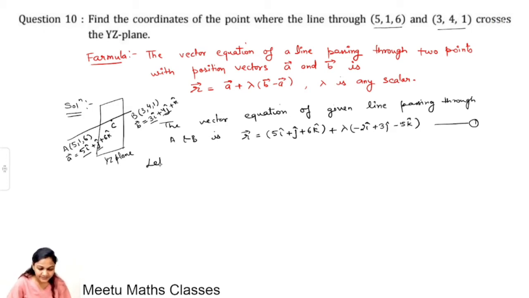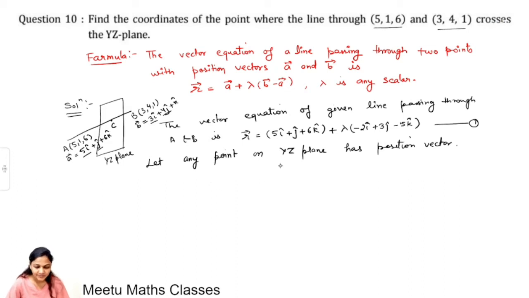Let any point on the YZ plane have position vector, suppose it is the YZ plane, then the scalar component of x will be 0, so 0i plus yj plus zk.